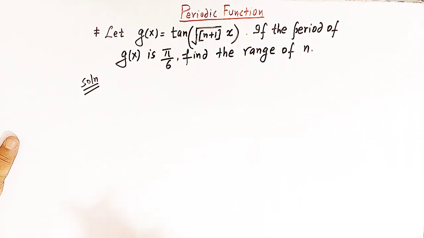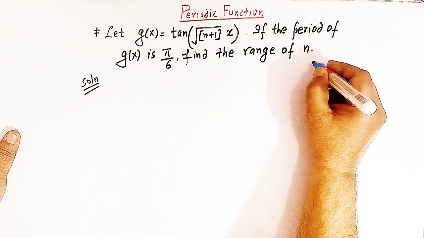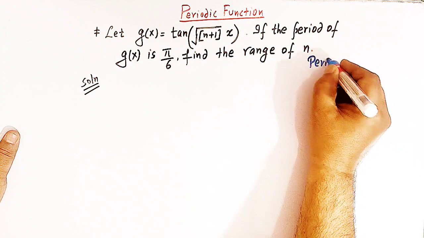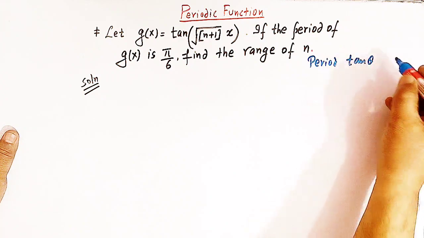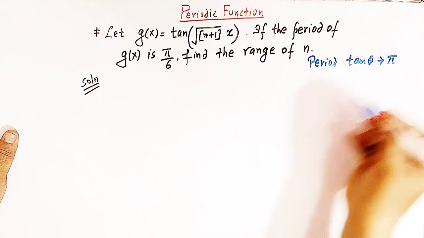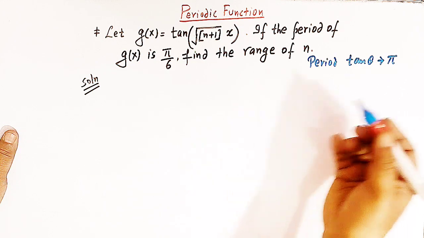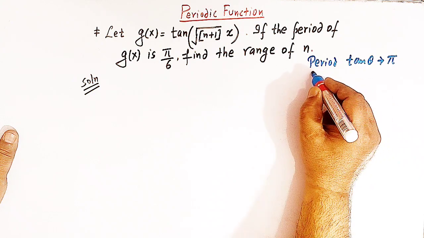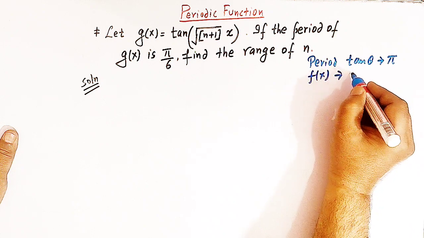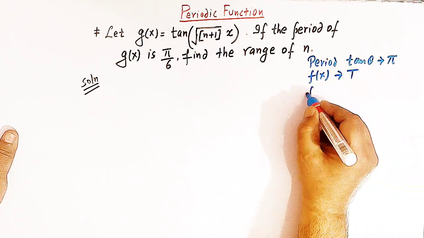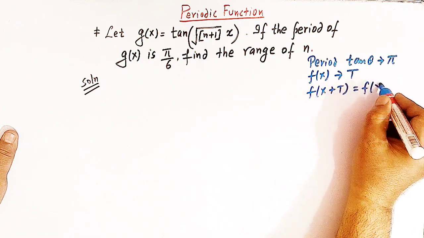So here we have to make use of some important concepts. The first concept is that the period of the tan function, that is tan theta, is pi, right? From the definition of a periodic function, if a function f of x has period t, then f of x plus t is equal to f of x.